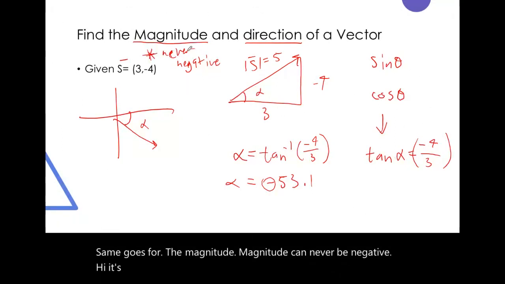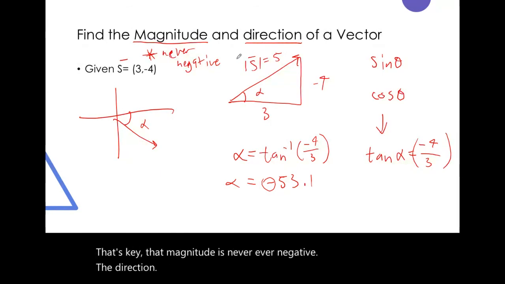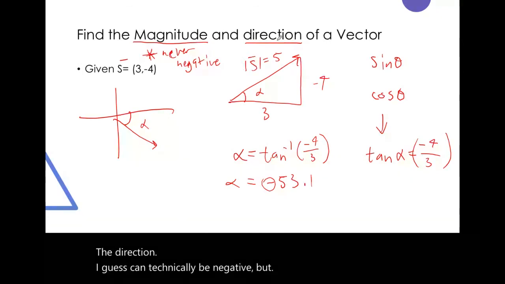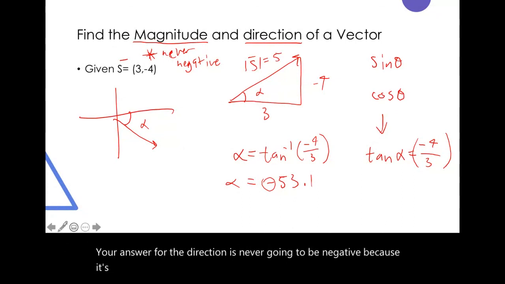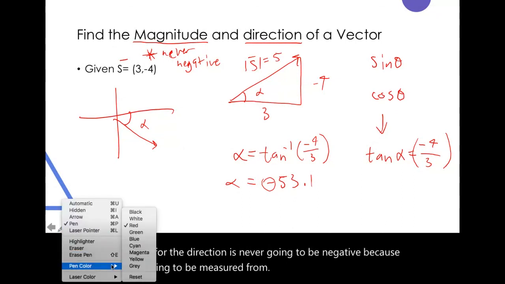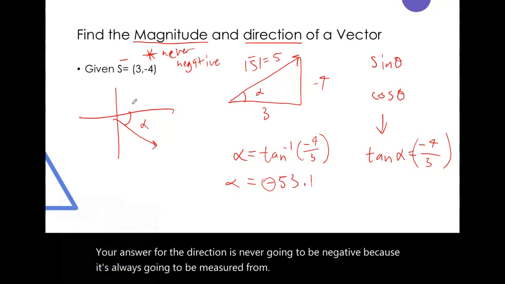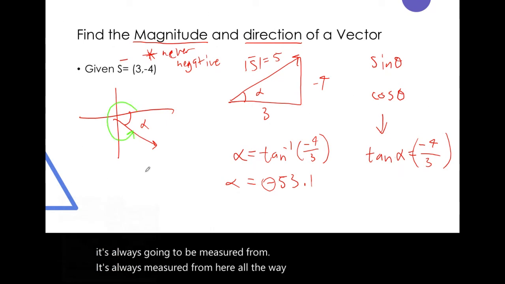The direction, I guess, can technically be negative, but your answer for the direction is never going to be negative because it's always going to be measured from here all the way around here.